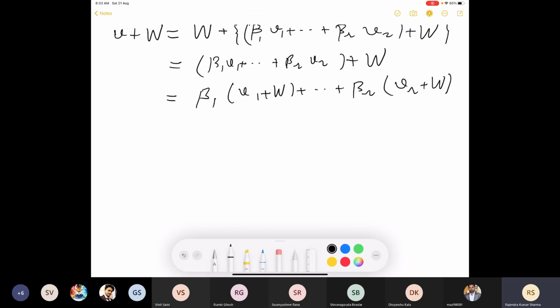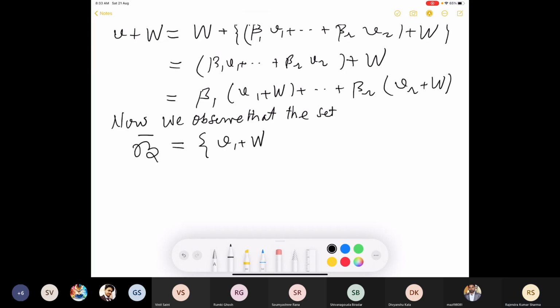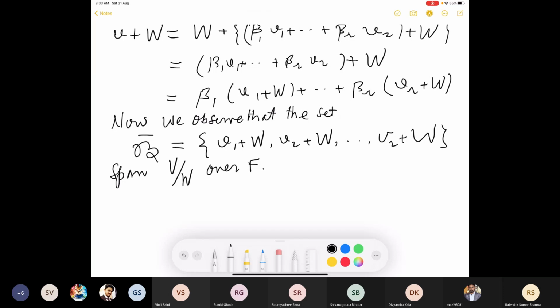So we observe that, let us take B bar. This B bar is the set which consists of these cosets V1 plus W, V2 plus W, ..., Vr plus W. So they span the quotient space V by W over F. We claim that this is in fact a basis.